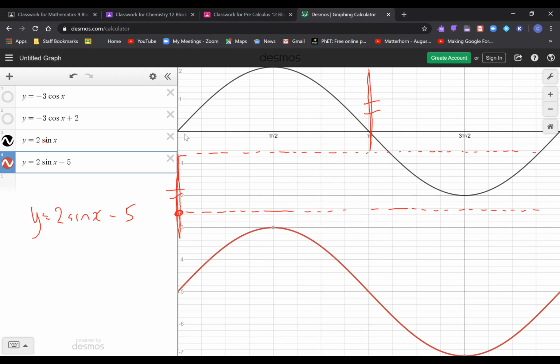Well, in the first graph, it was at 0. But on the red graph, it's at -5. So you can see that number tells you exactly where the midline is. And we know the amplitude is 2, so the highest point would be -5 plus 2, which is -3, and then -5 minus 2 would be -7. So that's why I chose those numbers. Okay, so let's go back to our screen, and we'll just finish off with some notes here.